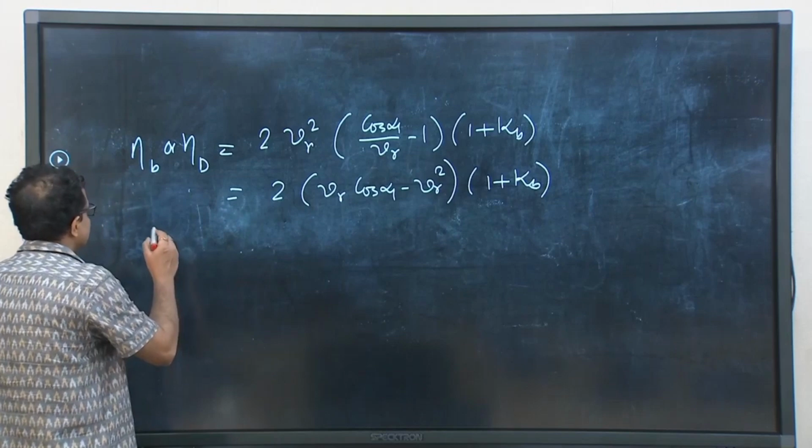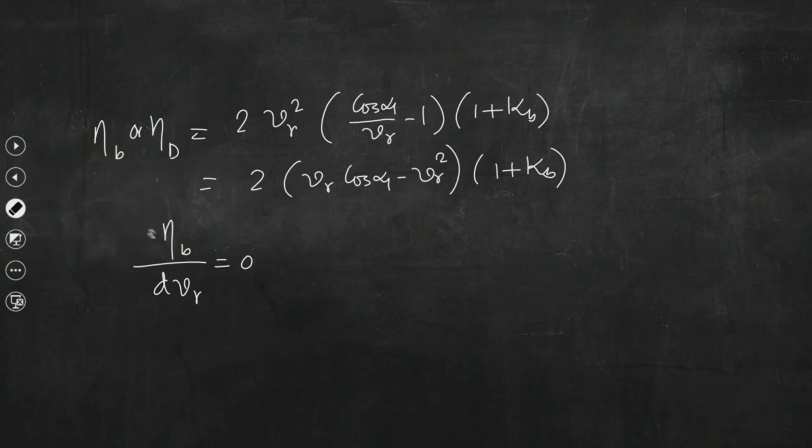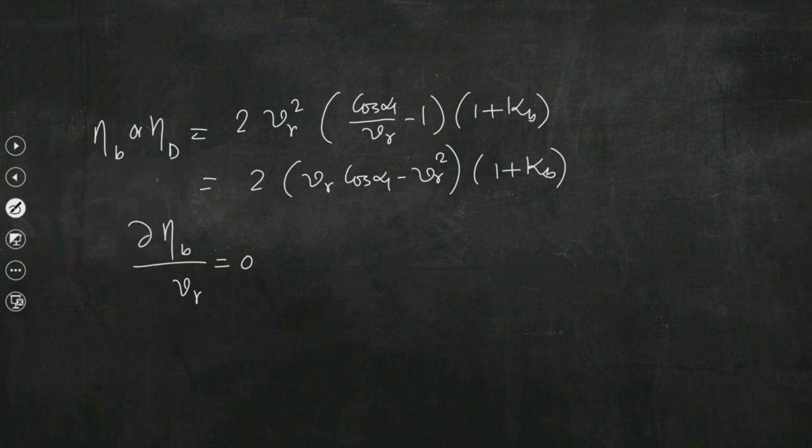If we do this, that is d eta b by dVr equal to 0, right. Because it is a function of Vr as well as alpha and Kb, I can write it like this: delta eta b by delta Vr equal to 0.